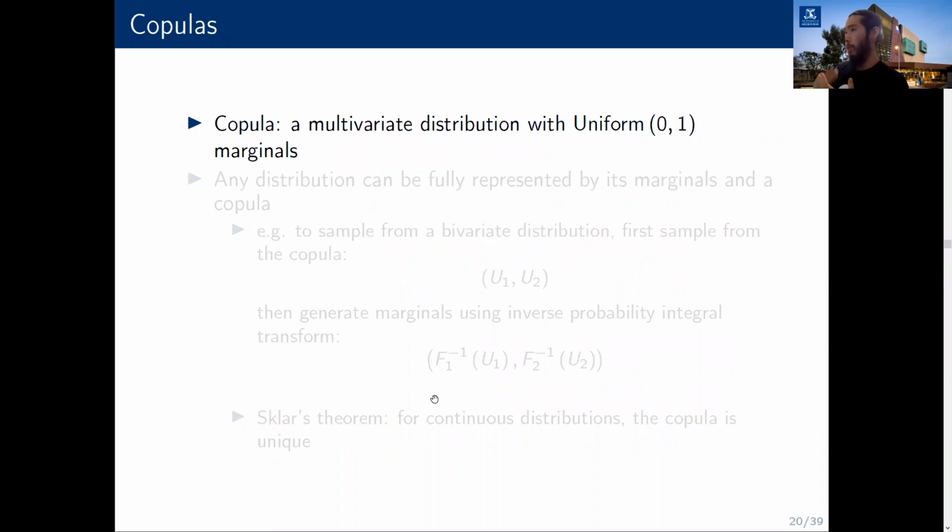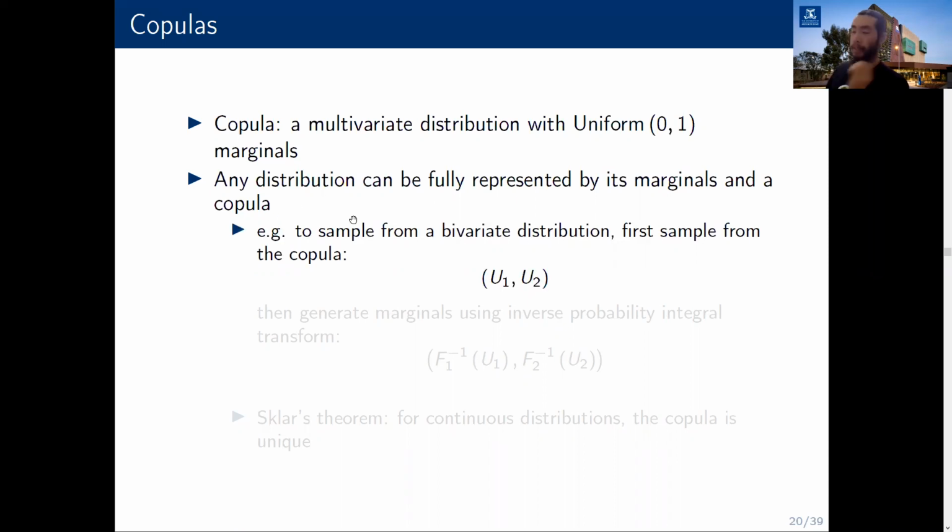So here I'll introduce what a copula is and just provide the relevant background. In simplest terms, a copula is a multivariate distribution with uniform 0-1 marginals. And so we can represent any distribution just in terms of its marginal distributions and a copula. So to illustrate this, suppose we want to sample from a bivariate distribution.